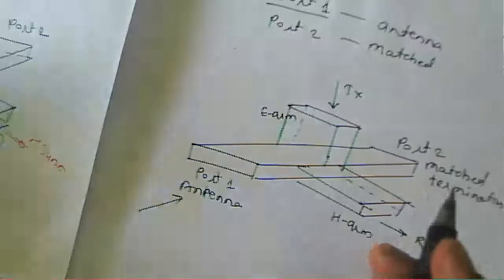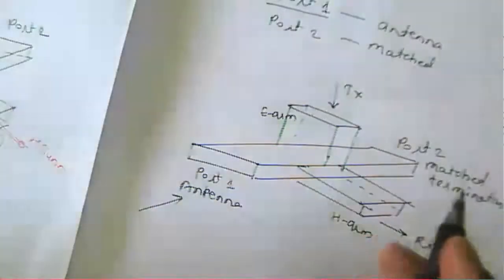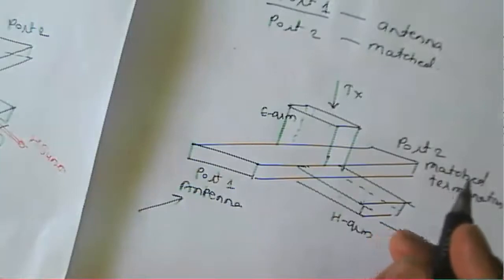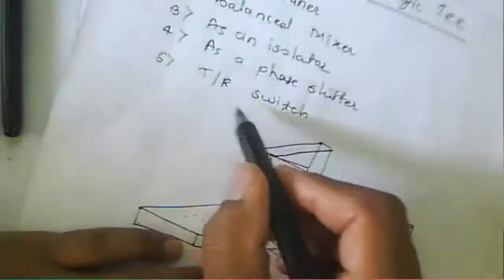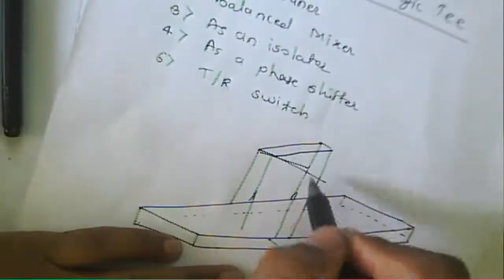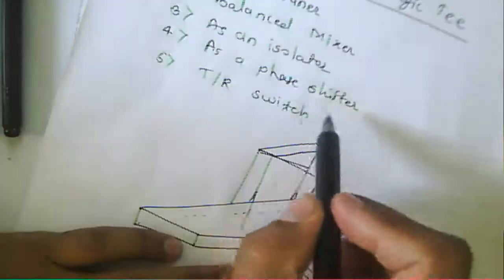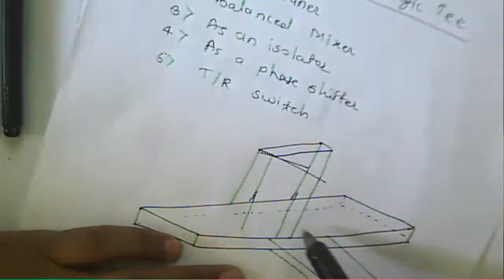As a duplexer, we can use this as a transmit receiver switch. Okay, so we can consider this particular arm as a transmit receiver switch, or we can say a phase shifter. If you provide the input, your phase changes.